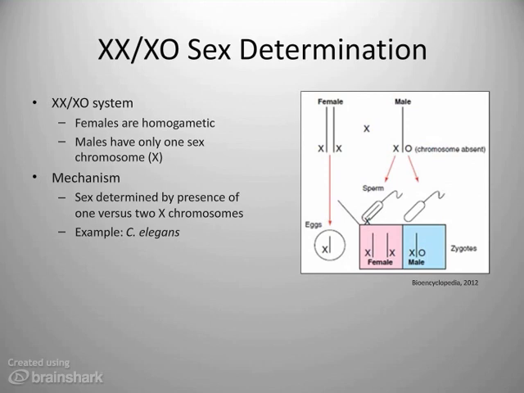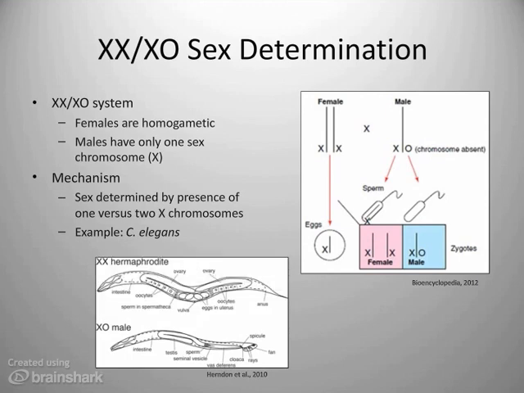C. elegans, which is a soil roundworm commonly used as a laboratory model organism, uses this system for sex determination. As you can see in this picture of the C. elegans worms, we can see a male worm and all the associated male reproductive organs, and also a hermaphrodite, the XX hermaphrodite, which has both male and female reproductive organs.